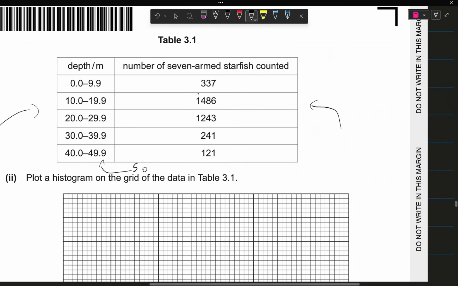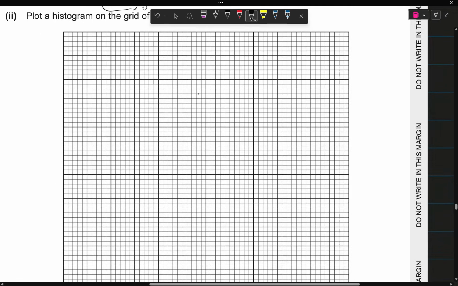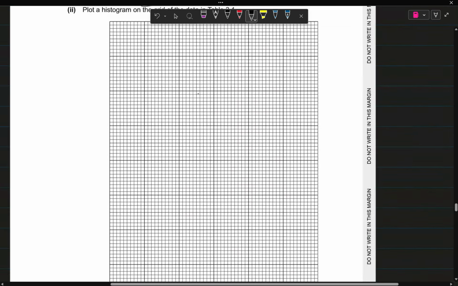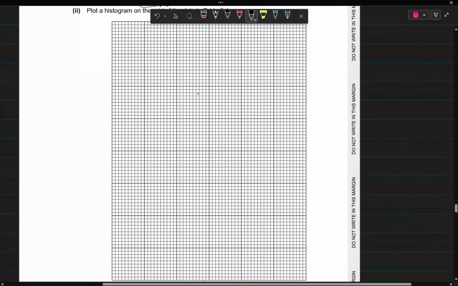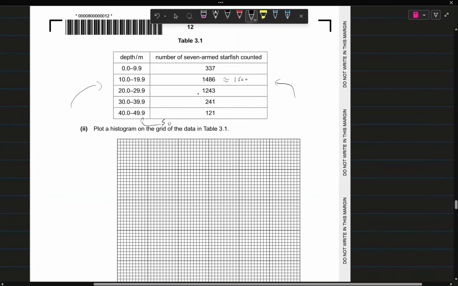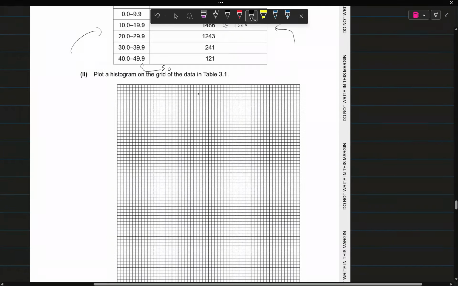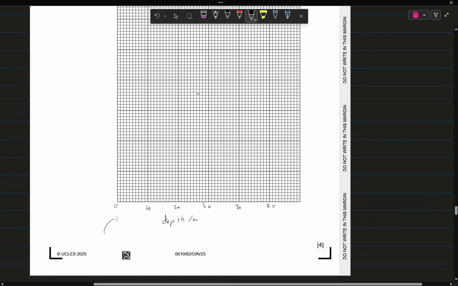Okay, so let's see, from 0 to 9.9, or technically 0 to 10, that will be 337. You can see that the greatest number is 1486. We can round it to 1500. So let's see what intervals we can do. First of all, this table here, we don't really start at 0, so we don't need to start at 0. We can start at 100, for example.